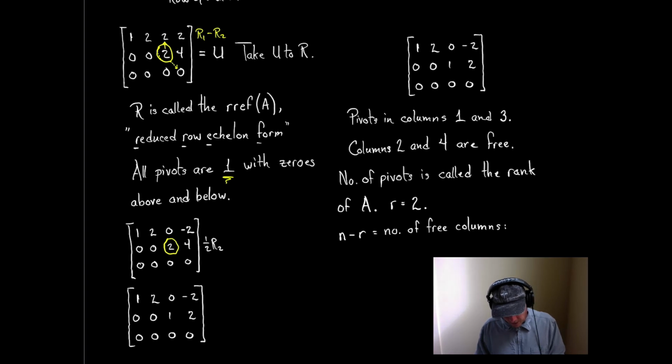So in our case, there were 4 columns, there are 2 pivots, a rank of 2, and so there are 2 free columns. Okay. I think we're ready now to find the solution to this problem.